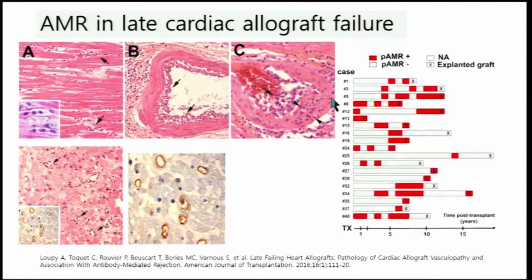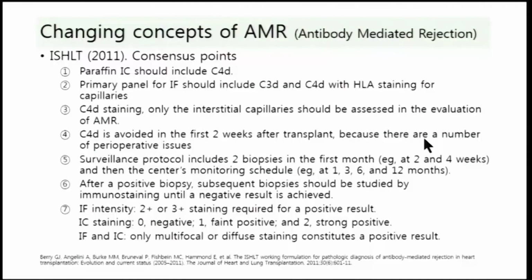But in the review of examples, we can see that instances of AMR are more common in cardiac allograft failure and cardiac allograft vasculopathy. So we consider that repeated episodes of AMR will cause allograft vasculopathy. So it is important to diagnose AMR to prevent the chronically failing heart due to cardiac allograft vasculopathy.